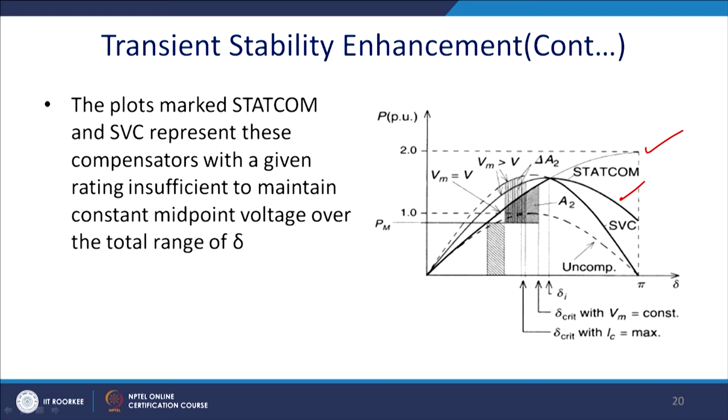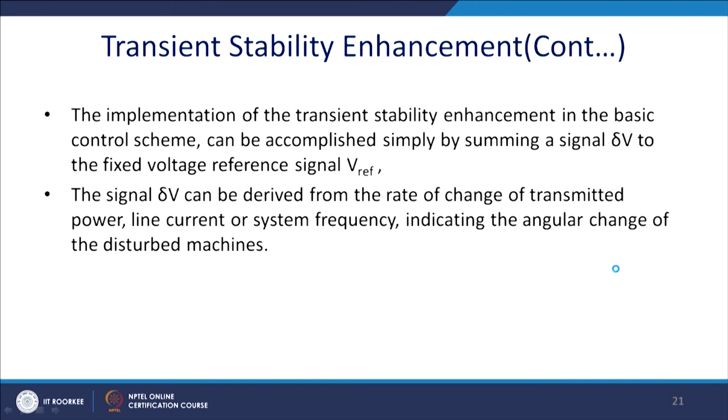So, this is the SVC and this is basically the STATCOM. So, the plot marked STATCOM and SVC, this compensator with the given rating is sufficient to maintain the constant midpoint voltage for the total angle delta, because this is basically 0 to pi. So, thus it increases the transient stability.